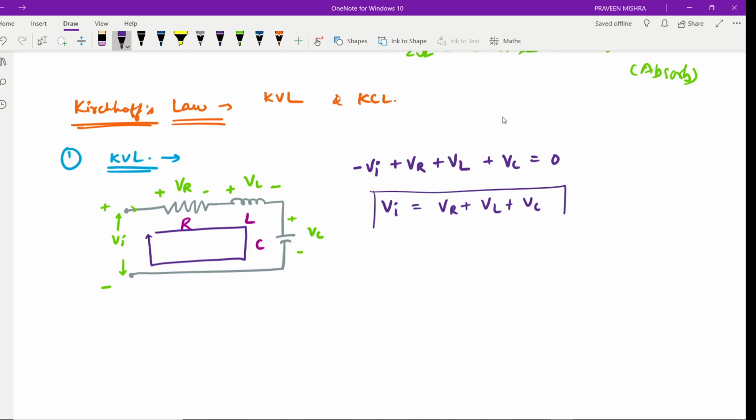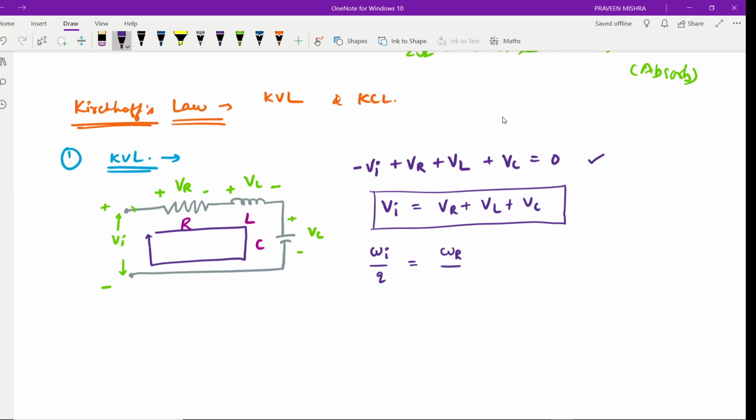So what is KVL? According to KVL, the total voltage across any closed loop will be 0. And if we replace voltage with energy, voltage is W upon Q. What is the definition of voltage?